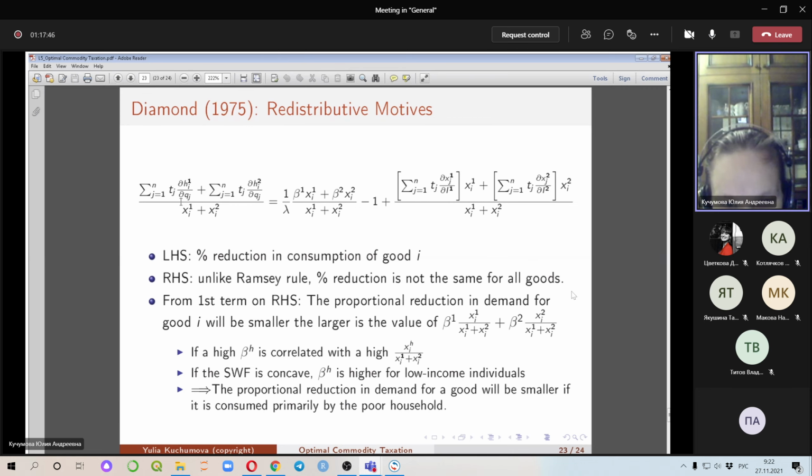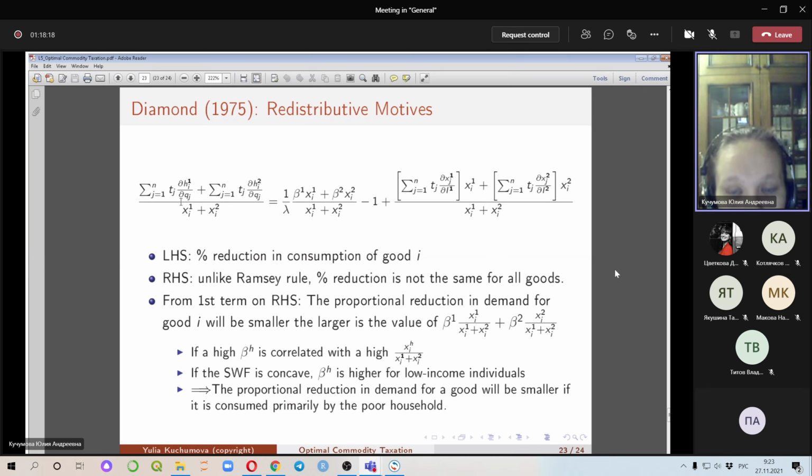As is written, it is larger the larger are the values of beta multiplied by those. And the critical thing now is to understand that this occurs when higher beta_h is correlated with a higher xi_h.